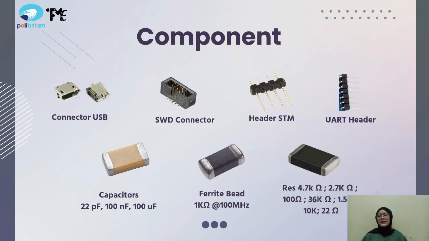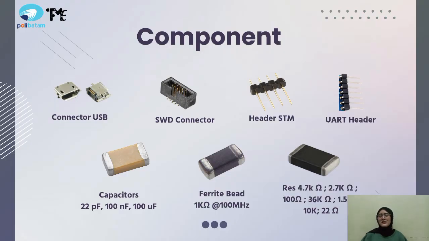Next, the STM header. It provides access to the microcontroller pins for external connections. Next is the UART header. It is used for serial communication between the board and other devices. Next are capacitors. They stabilize the power supply and reduce electrical noise.